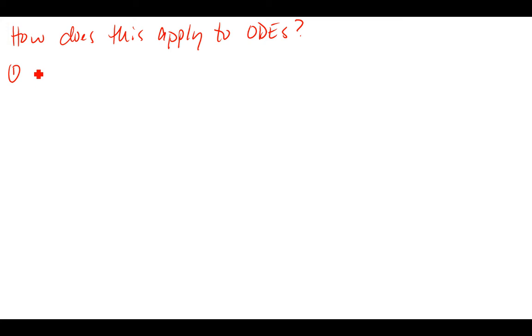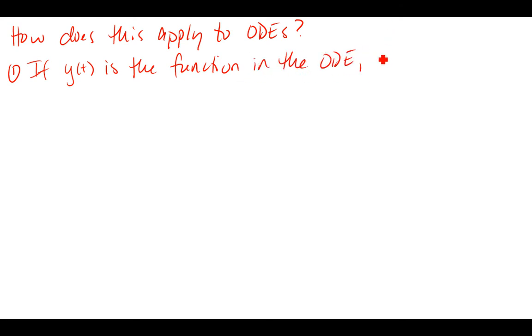So, notationally, if y of t, or just y, is the main function in the ODE that we're trying to solve, then we're not going to be able to say much about this. So I'll just remind us, we'll use Laplace of y to mean its transform.